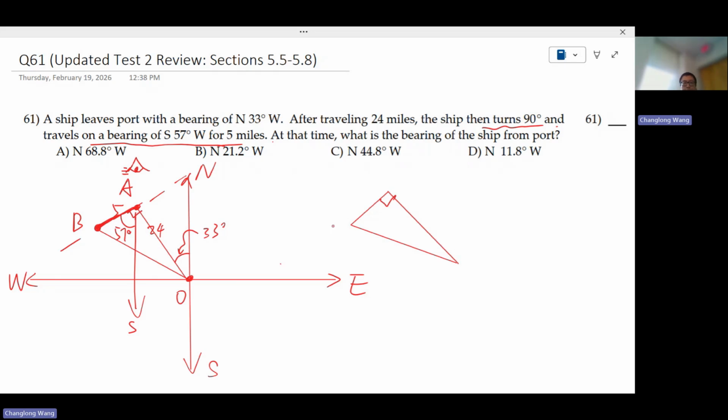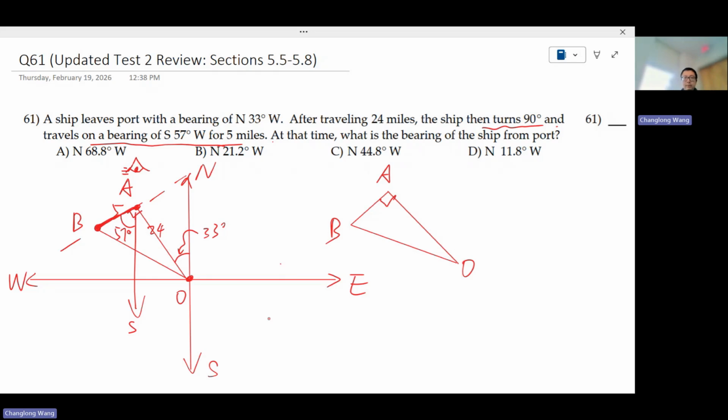Anyway, we're looking at the triangle ABO, and what we're looking for is the bearing of the ship away from the origin, in the direction OB. The bearing depends on the reference direction north, since OB is relatively closer to the north than it is to the south.